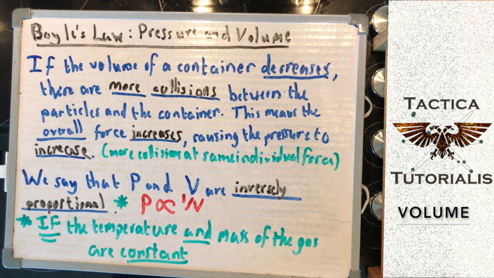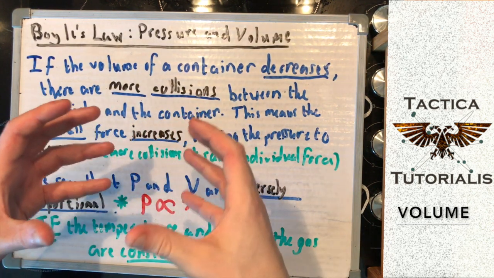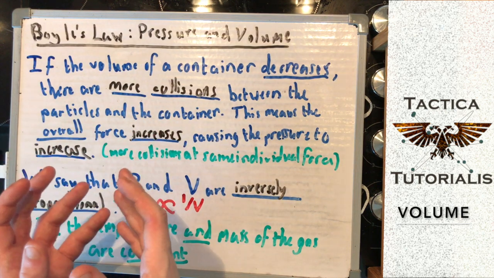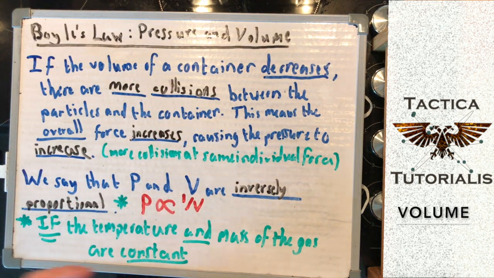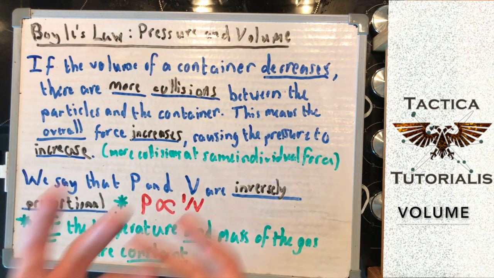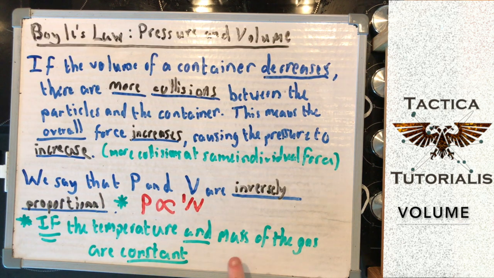So instead of having 100 particles in a full box, I've now got 50 particles in a half box. So I've changed the mass of my gas because each particle has a mass, and that means this relationship will break. So you have to have a constant temperature and a constant mass, or, which is what you do with the ideal gas equation if you're an A-level person, a constant number of particles might be another way for you to remember it, though mass is probably what you'd be asked for on an exam.